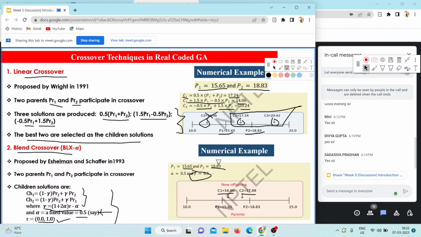As the gamma value is already given, that is 0.6, you can find the children solution by directly putting the gamma value in these formulas.